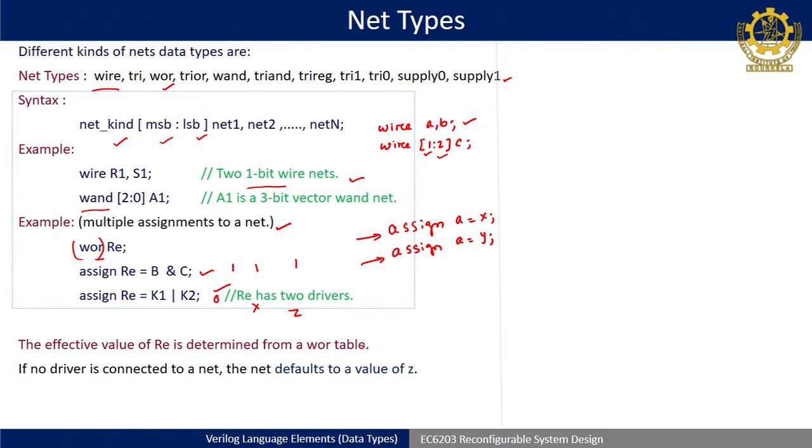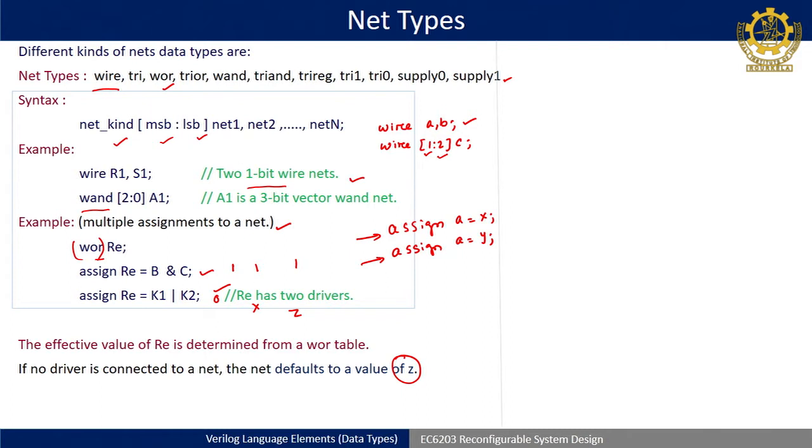If no driver is connected to a net, as I told, the default value is z, this you remember. There are mostly two types of data type, one is called register, another is called net data type or wire type data type. A net, by default, if it is not connected, will be treated as high impedance or z, and if it is a register, by default, if it is not connected, it will be treated as x, meaning do not care.